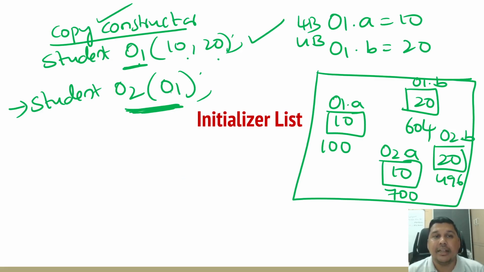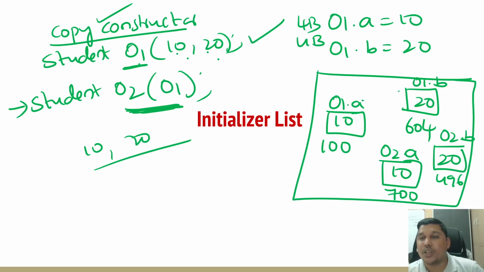The values 10 and 20 of object 1 are copied into A and B of object 2. How many values are we assigning? Only 2 values, but how many variables are created? 1, 2, 3, 4 variables are created, right?